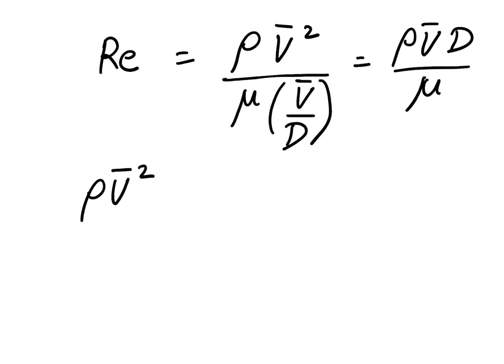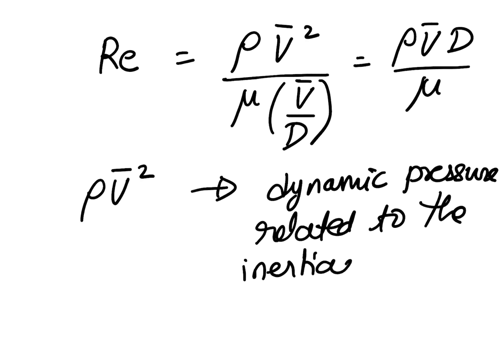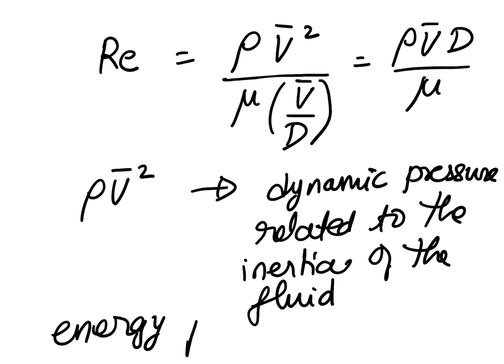Previously, we saw that rho v squared is a measure of the dynamic pressure, or it is related to the inertia of the fluid. Rho being the density, v being the bulk velocity. Rho v squared is the energy per unit volume that's associated with the inertia of the fluid. You can also write this as energy per unit volume.